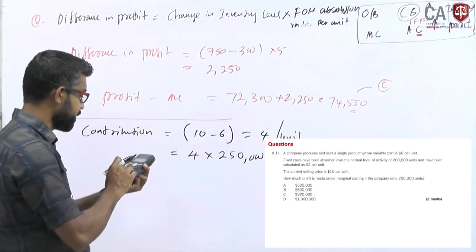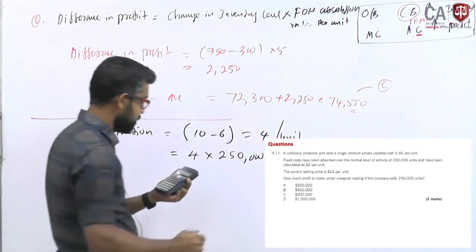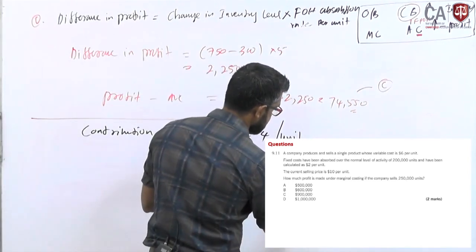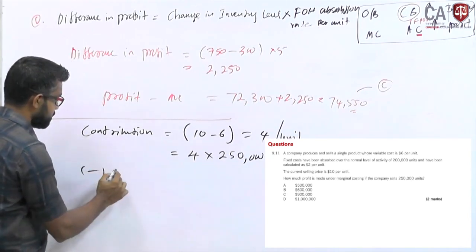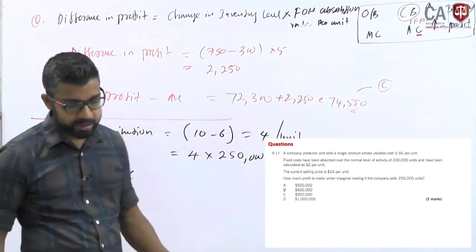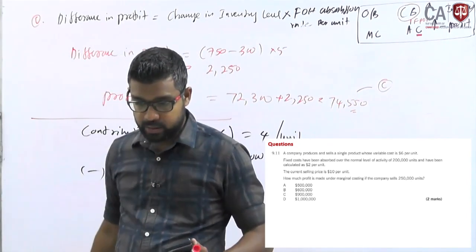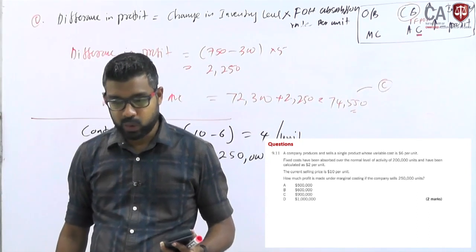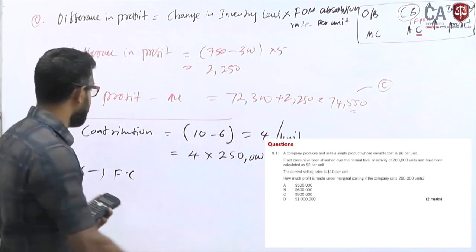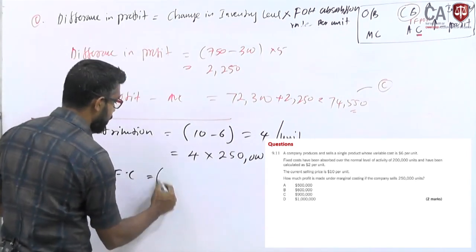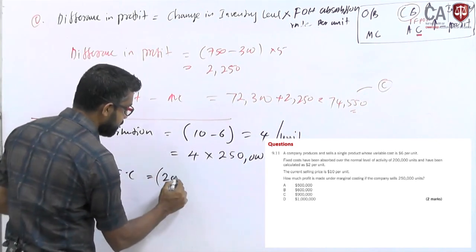If the company sells this many units, the contribution is 1 million. Then deduct fixed cost. How much is the total fixed cost? The fixed cost has been absorbed over the normal activity level of 200,000 units, with an absorption rate of 2. Irrespective of the units sold, you have to consider fixed cost as a periodic cost in marginal costing.